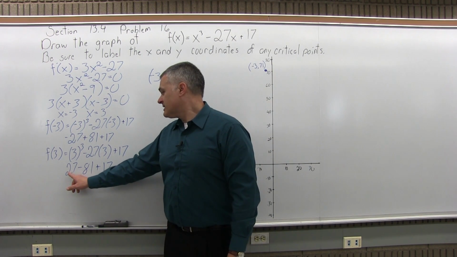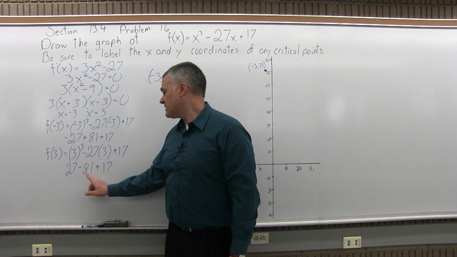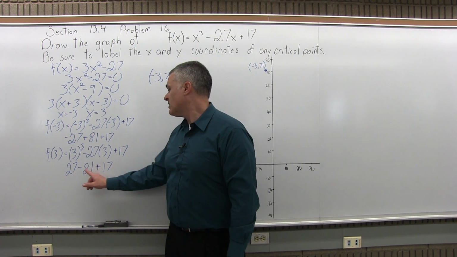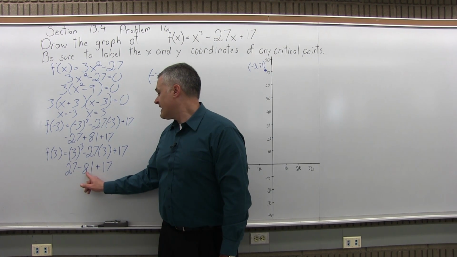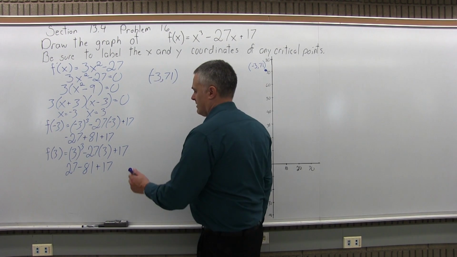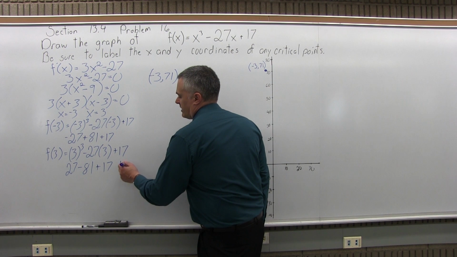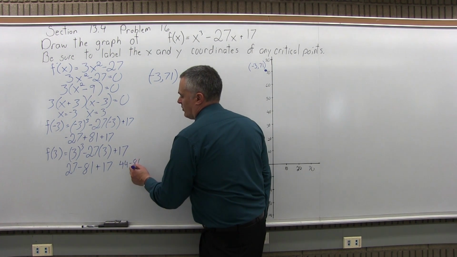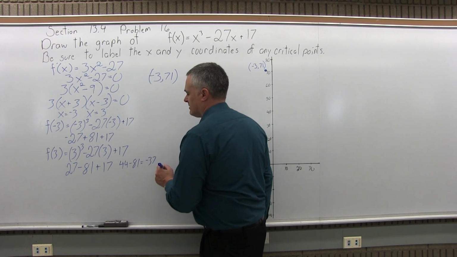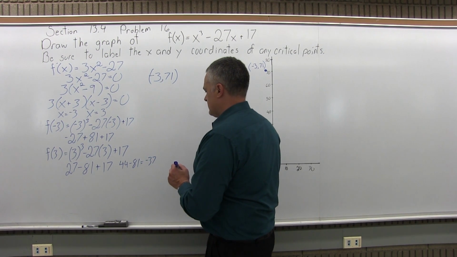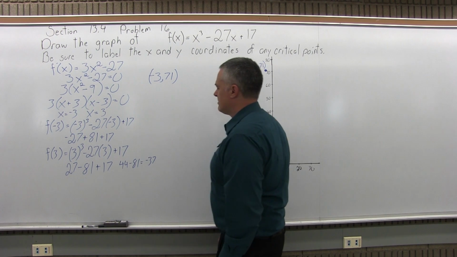So my positives, positive 27, positive 17 is going to be positive 44, and I have negative 81. So positive 44 minus 81, if I'm doing my math right, comes out to negative 37. Let's see, that should be right.